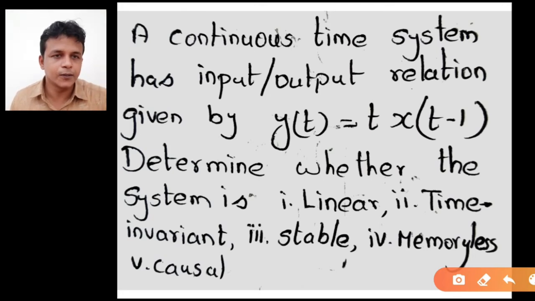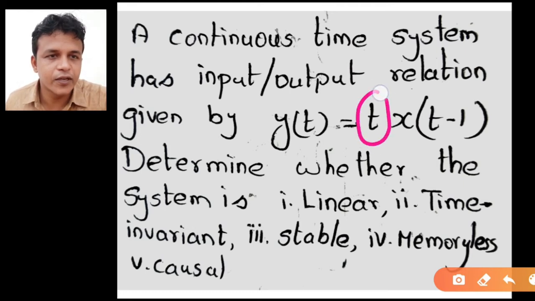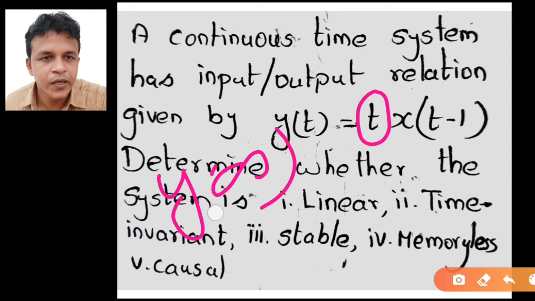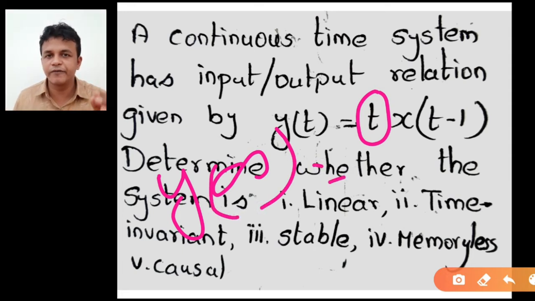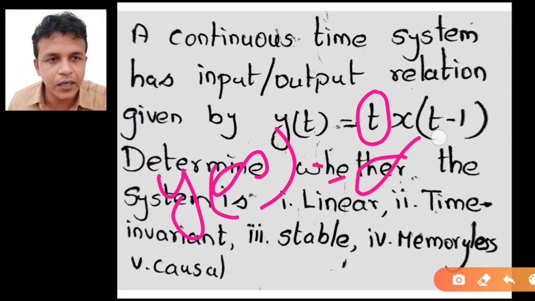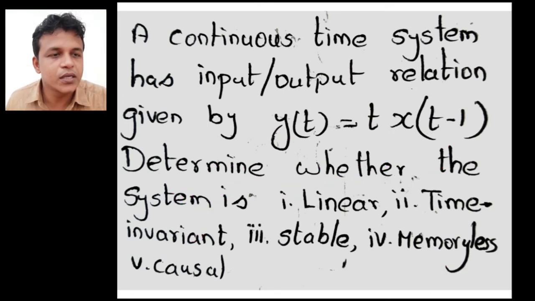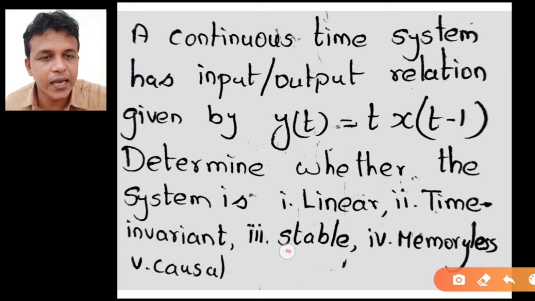But here, y of t is equal to t into x of t minus 1. As t tends to infinity, look at the amplitude of y of t. y of infinity becomes infinity into x of t minus 1. Infinity into anything is infinity. So we do not have bounded amplitude as t tends to infinity; we have unbounded amplitude. So this system is not stable. It is an unstable system.